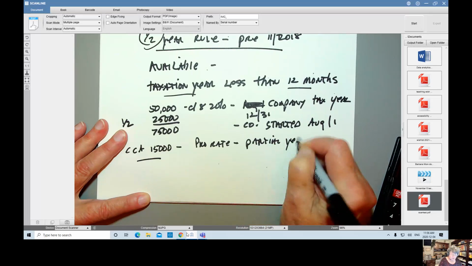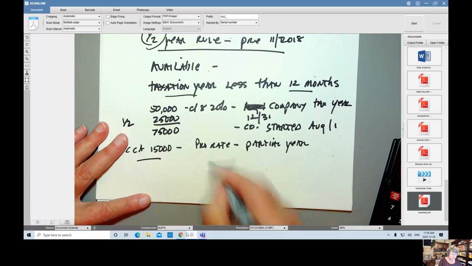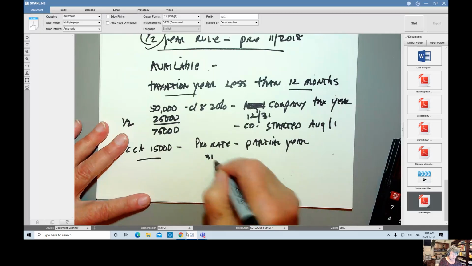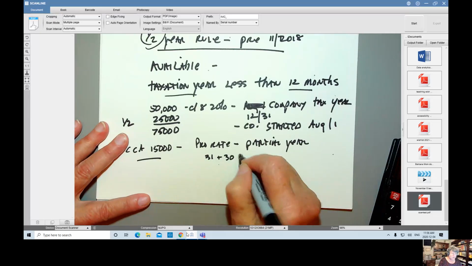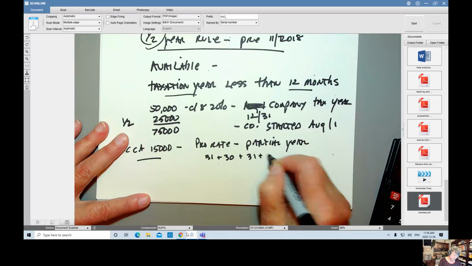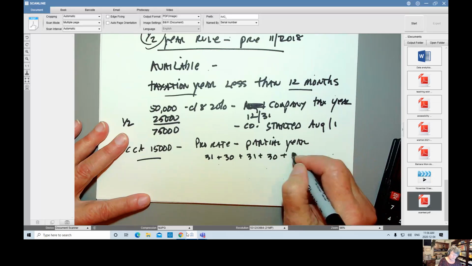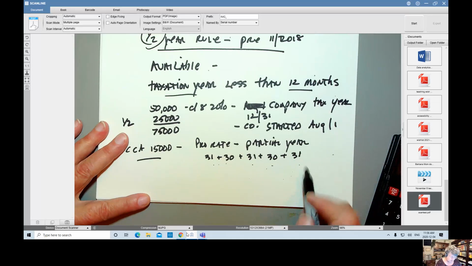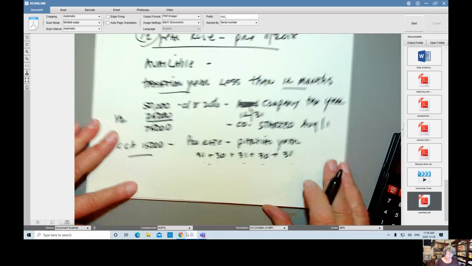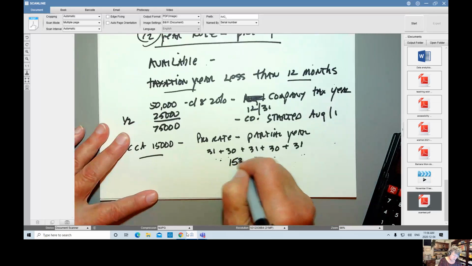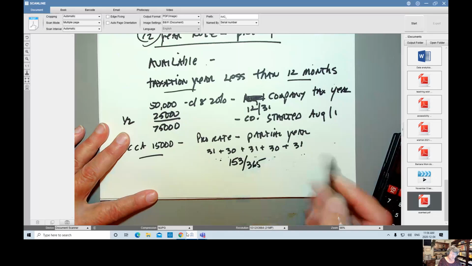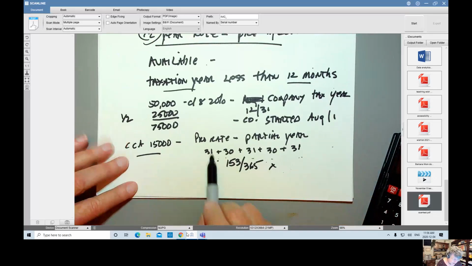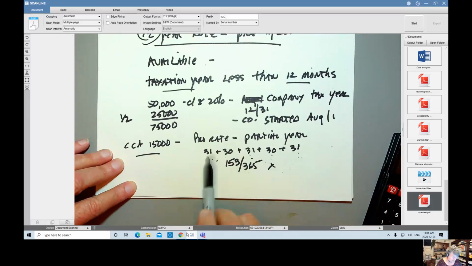August is 31, September 30, October 31, November 30, and December 31. So 1, 2, 3, 4, 5, 153 days divided by 365, if I did that right: August, September, October, November, December.